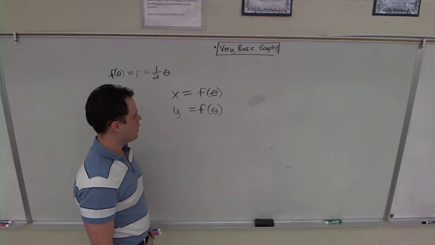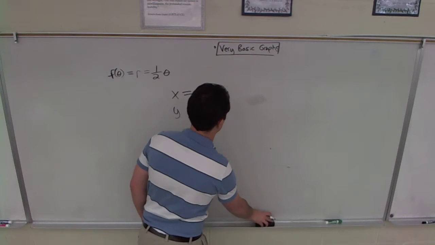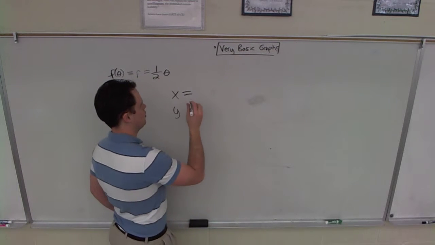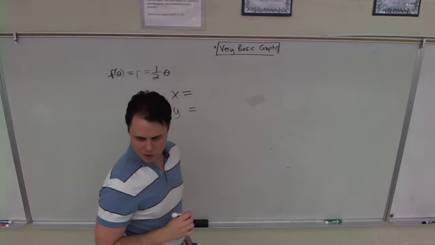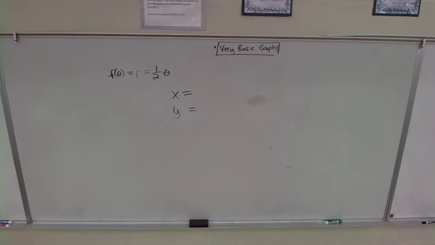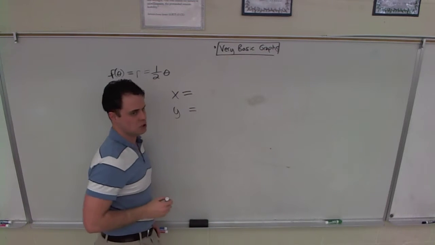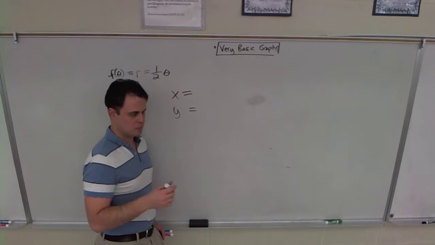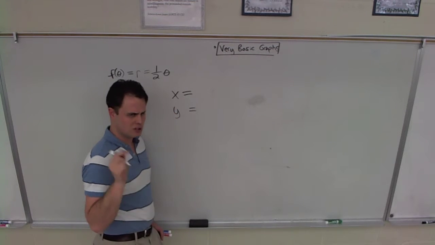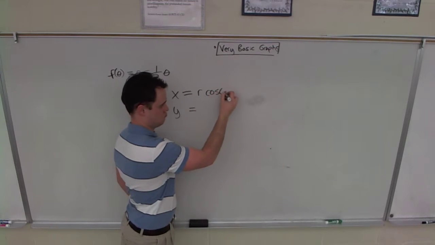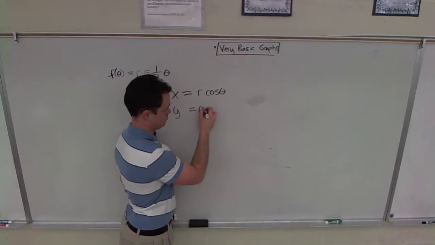So what's the only thing that you have to do here? I think the idea is that you've got to go like this. So what was the conversion to go from Cartesian to polar again? We just had it up on the board, I erased it. x equals r cosine theta, y equals r sine theta.